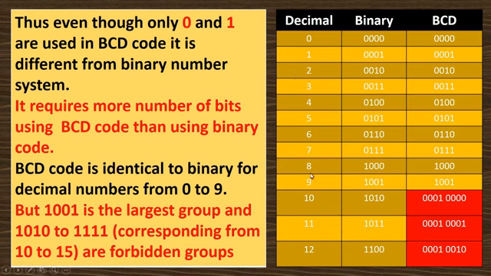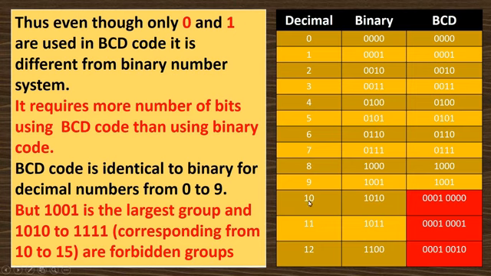Starting from 0 to 9, the binary and BCD numbers are equal, but from 10 onwards these are two-digit decimal numbers. In the BCD number system, we represent them by writing the separate binary equivalent of each digit using the 0 to 9 representation.